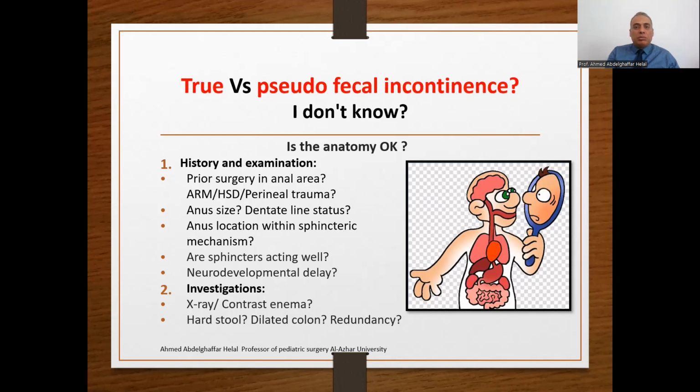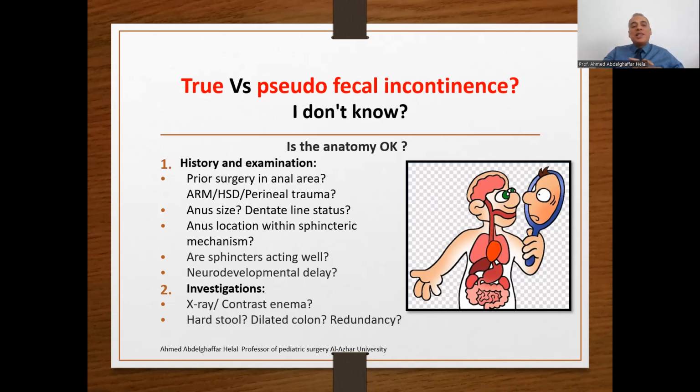Complex anomaly, rectobladder neck, cloacal malformation with a long common channel, and rectoperineal and rectovestibular fistula on the other hand. What about the anus size? Is it a spatulous anus damaged during surgery for Hirschsprung? Dentate line status. What about the dentate line? Preserved or removed and destroyed during the pull-through surgery.